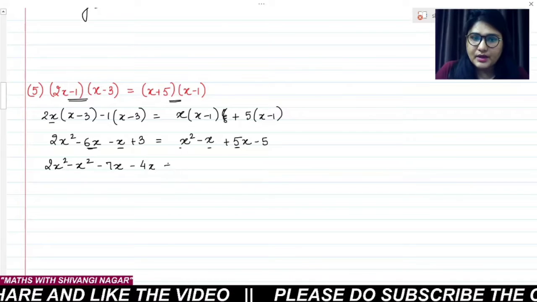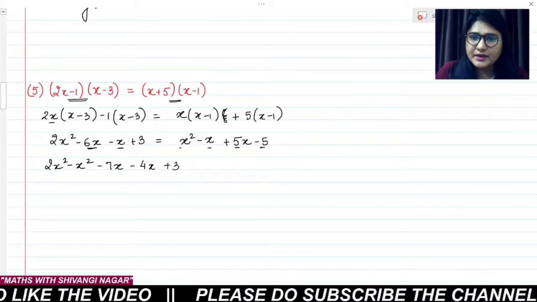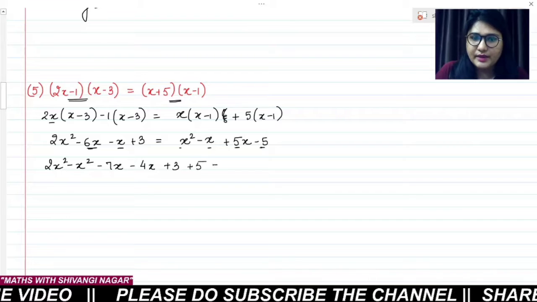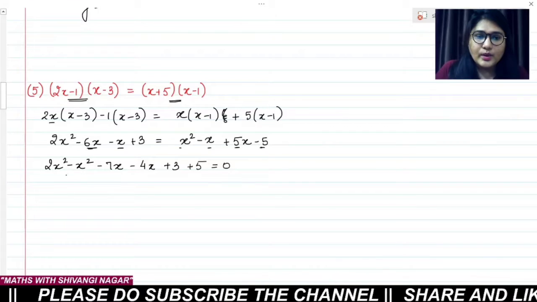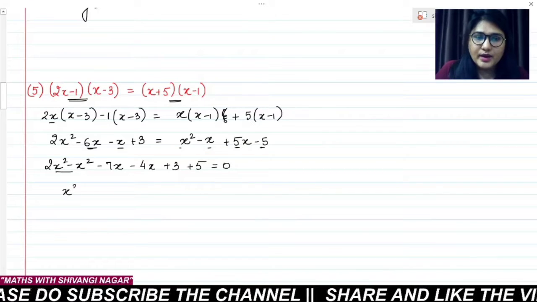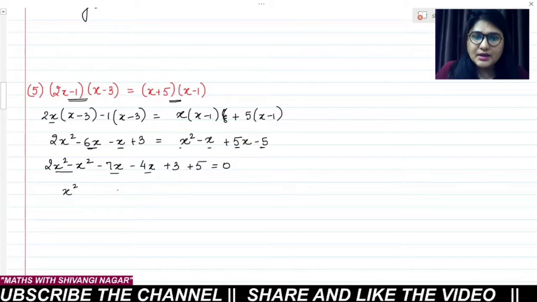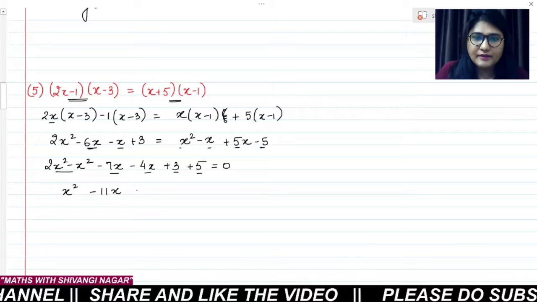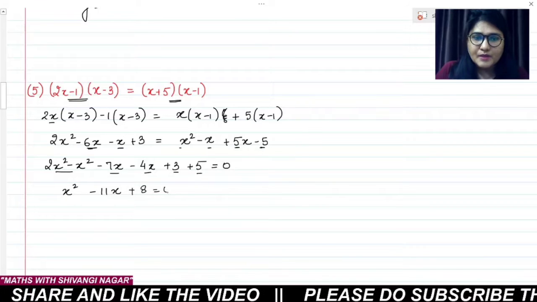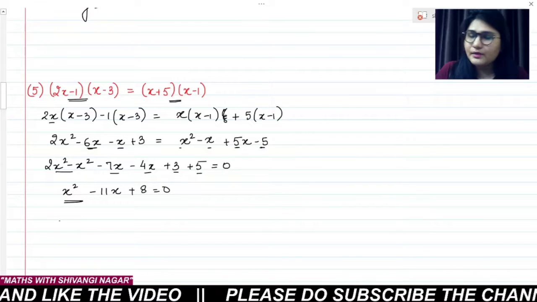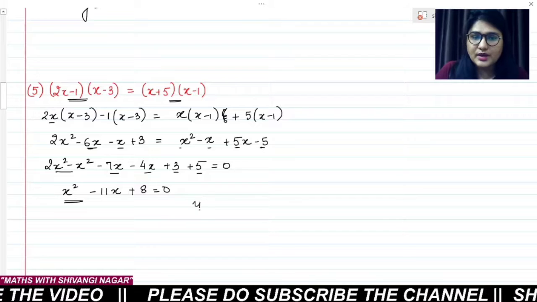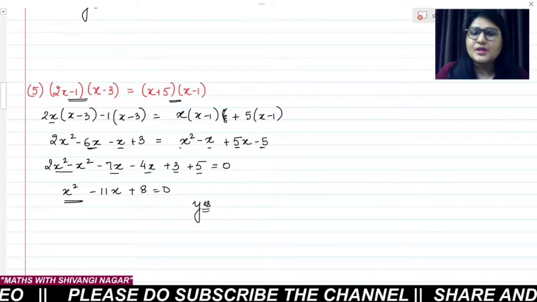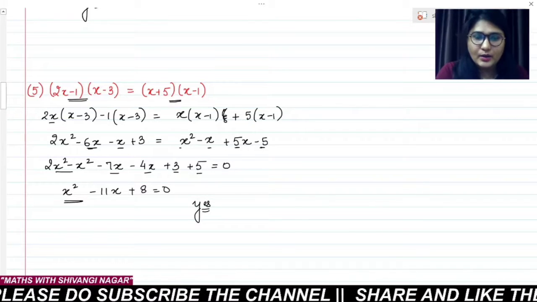This is the plus 3 here, and this minus 5 is transposed here as plus 5 over here. Now 2x square minus x square makes what? x square. Minus 7x minus 4x makes minus 11x, and plus 3 and plus 5 makes what? Plus 8. So again if you see here, the highest power of the variable is 2, with an equal to sign. So yes, this is also a quadratic equation.